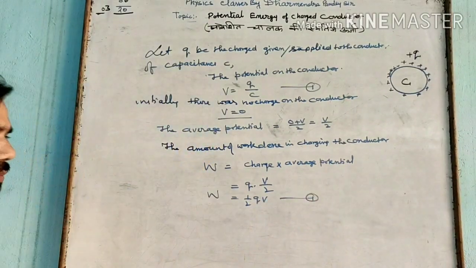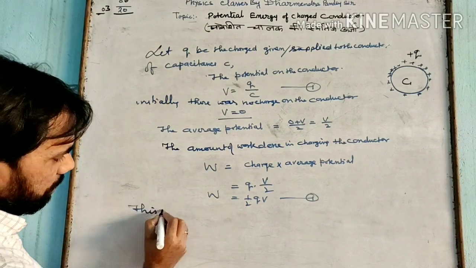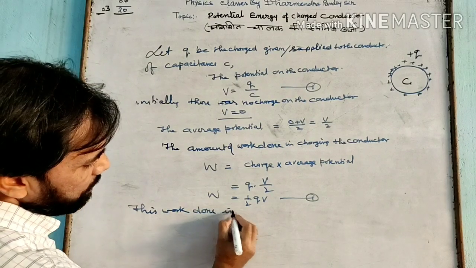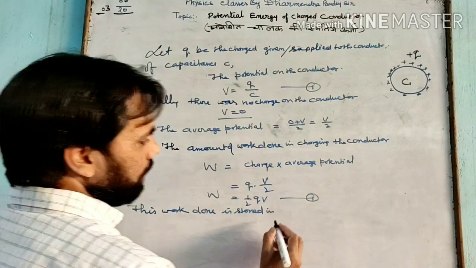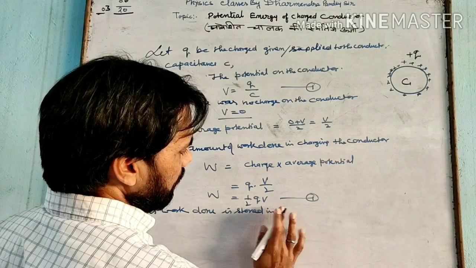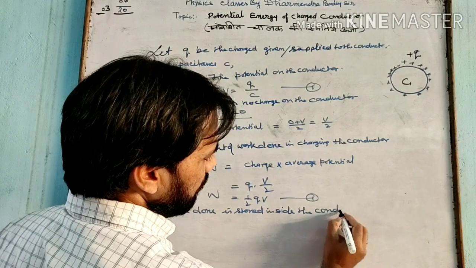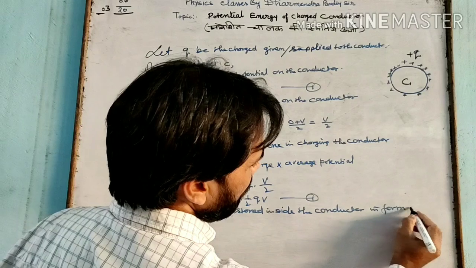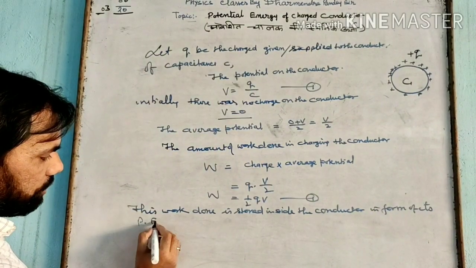And this work done W is stored inside the conductor in the form of its potential energy.